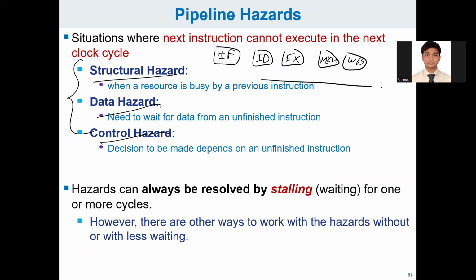Here you have to use the memory, because the memory stage uses the memory, and fetch also fetches an instruction from the memory. So that's a structural hazard. Structural hazards are if you have a problem using the same hardware.